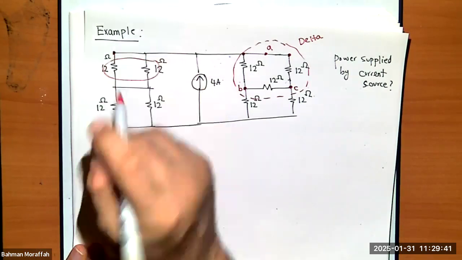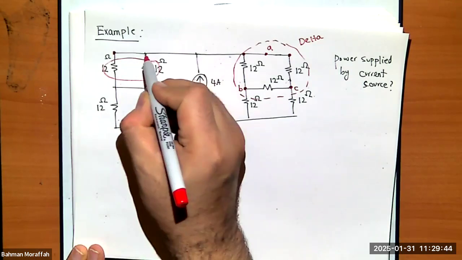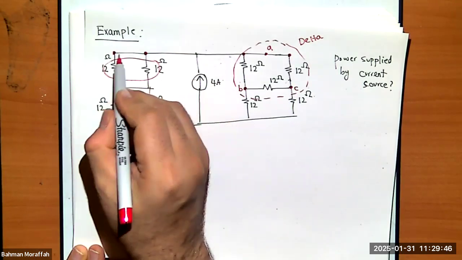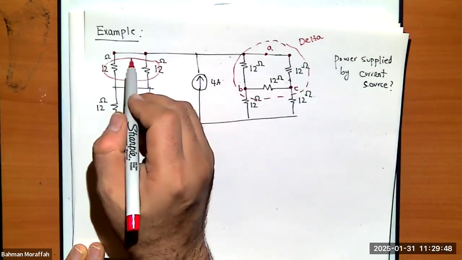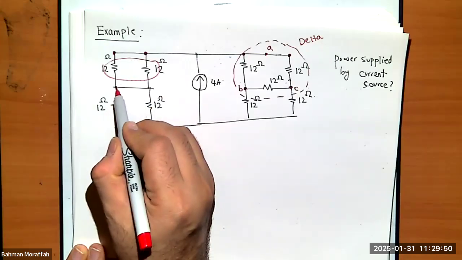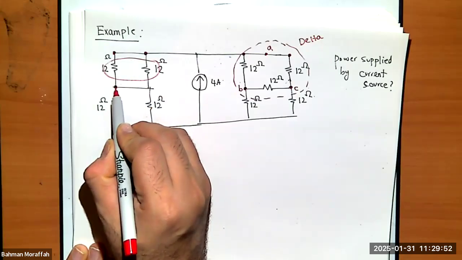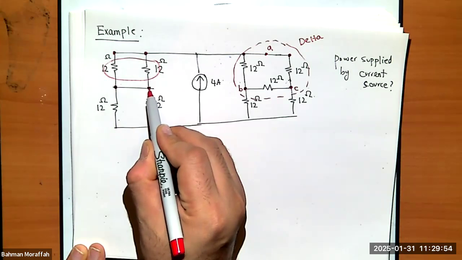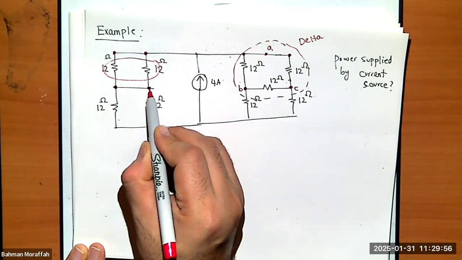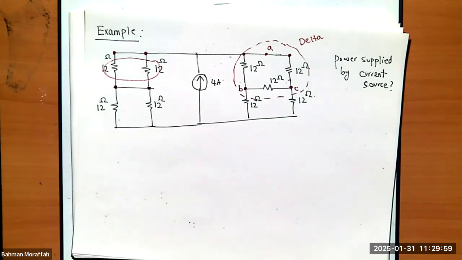If I look at the head over here, that's exactly the same as the head over here because it's connected by a wire, and the potential difference for a wire is 0. Look at the tail down here. It's exactly the same as this guy. So they're sharing the exact same head and tail, so they're in parallel.